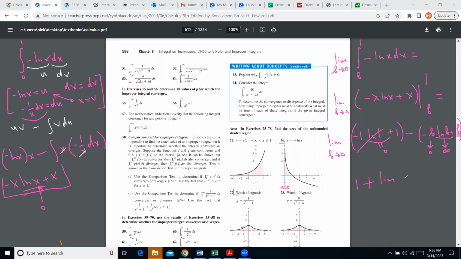And the way I want to prepare it is to write it as ln of b over 1 over b. Because this way, I'm going to have the numerator that goes to infinity and the denominator that goes to infinity. And that's the L'Hopital's rule story that we just saw in the previous section. And that b is just turning into 0, so don't write it.